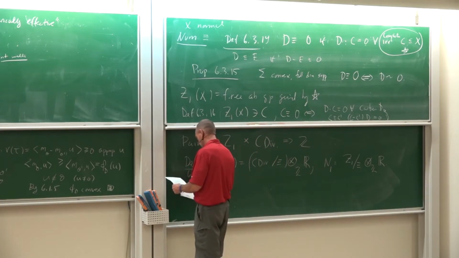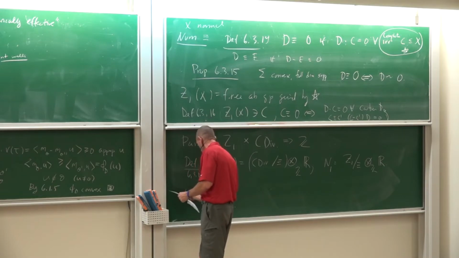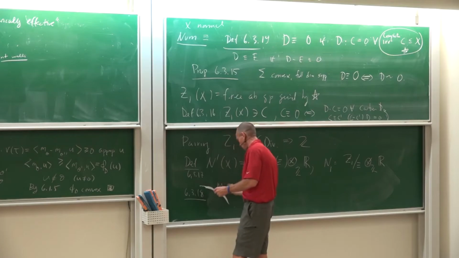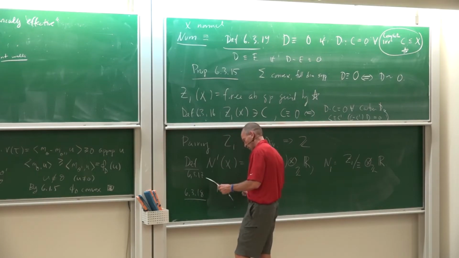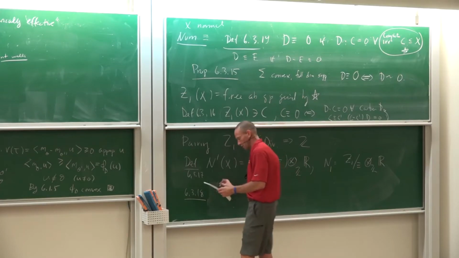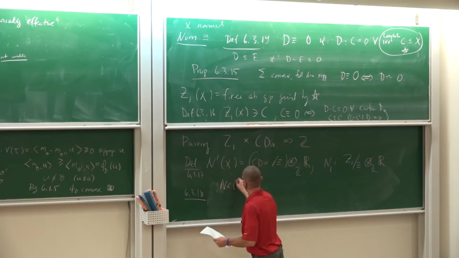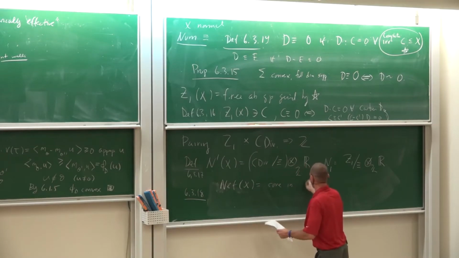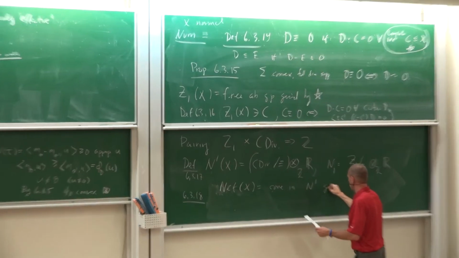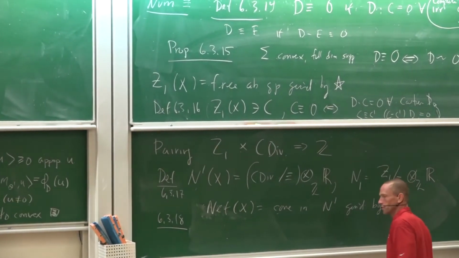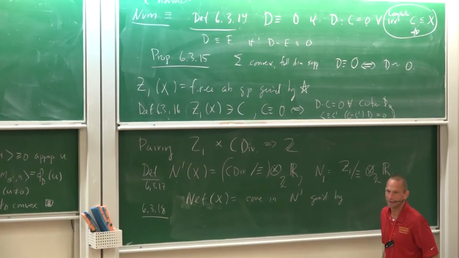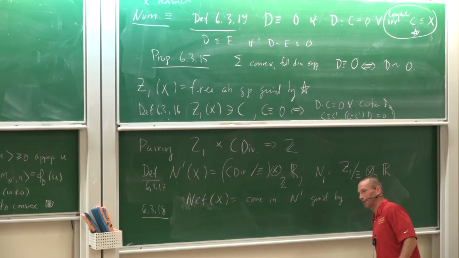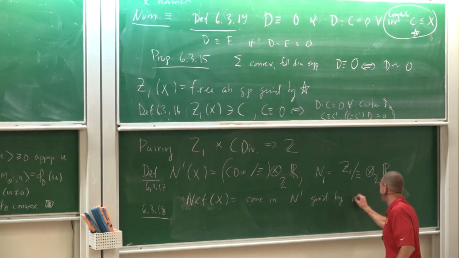This is 6.3.17, and finally 6.3.18. We get the Neff cone and the Mori cone. Let me do Neff first. The Neff cone is equal to the cone in N1 generated by what? All right, audience participation. What's it going to be generated by? It's the Neff cone, so it should be generated by Neff divisors, right?